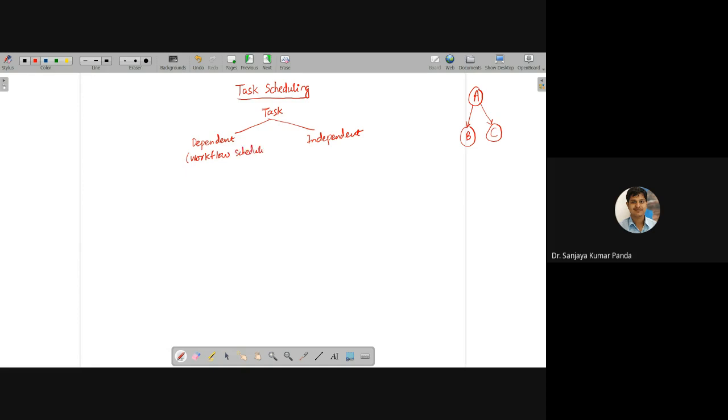But here we also need to consider that some of the tasks are independent in nature. Right, it may be a mixture of independent and dependent. So there are different sets of algorithms applicable depending on whether the tasks are dependent or independent in nature. For dependent task scheduling, we have already discussed the round robin algorithm.